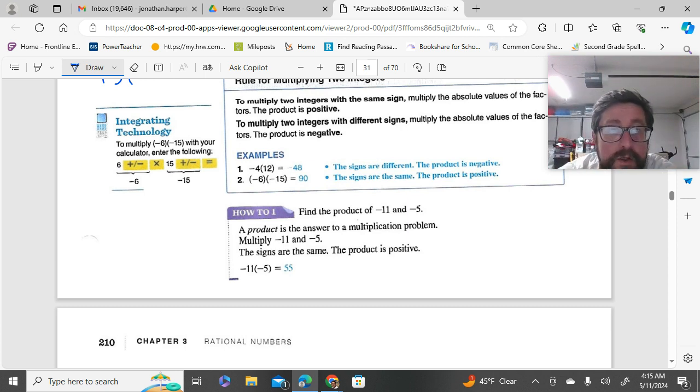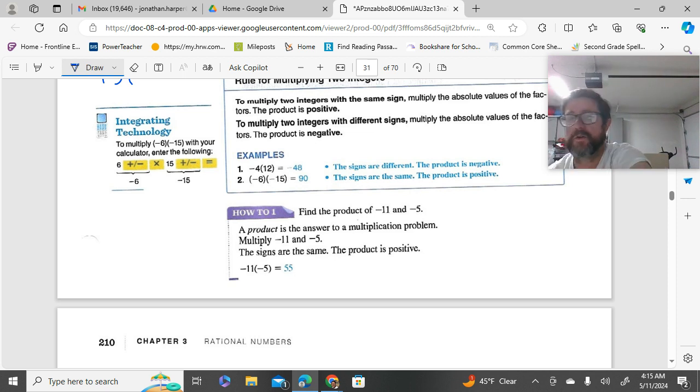Integrating technology: to multiply negative 6 times negative 15 with your calculator, enter the following. It says 6, then the plus or minus key.